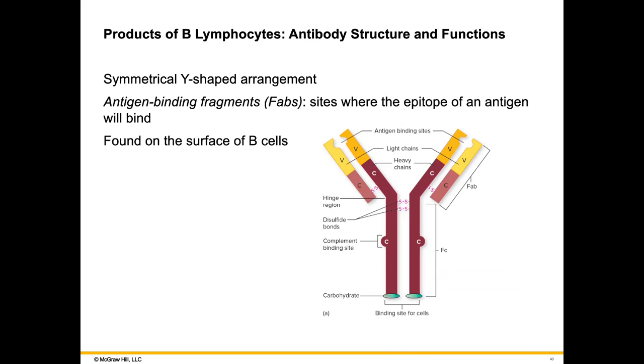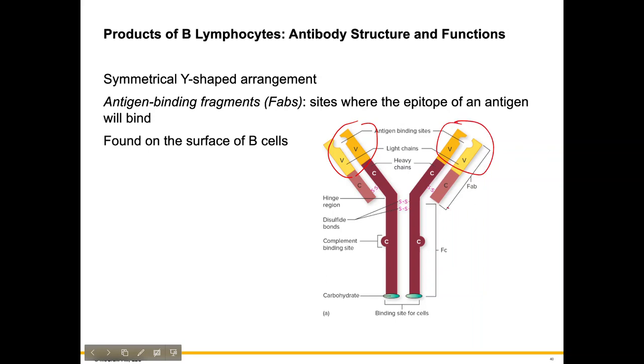So this is basically a reiteration of the concepts we talked about previously with the shape of our antibodies and their structure. They have a symmetrical Y-shaped arrangement, which again I'm going to say quote unquote because that's not always necessarily true, but generically they are shown in textbooks as Ys. They have antigen binding fragments, which is in the variable region.